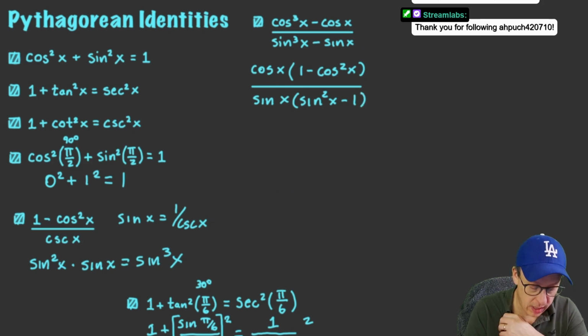And what we're utilizing here is negative cosine squared x is going to be equal to the sine squared x minus 1.